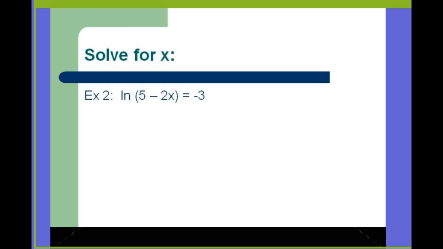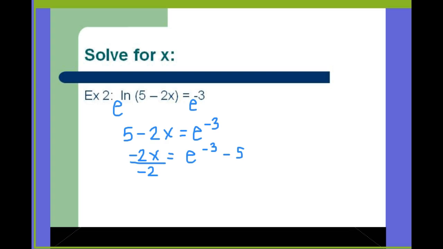We can e both sides even when ln has stuff inside its fraction. That just makes this 5 minus 2x equals e to the negative 3. Once again, solving for x, we get negative 2x equals e to the negative 3 minus 5 all over negative 2. So cleaning that up, e to a negative can't happen.